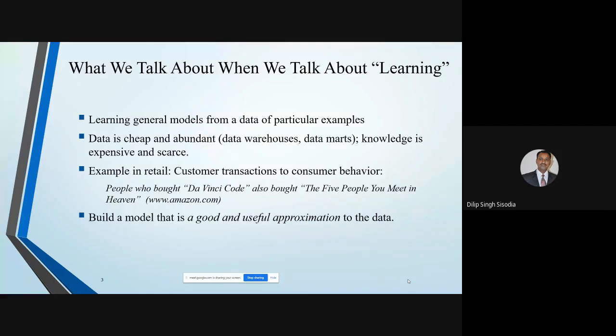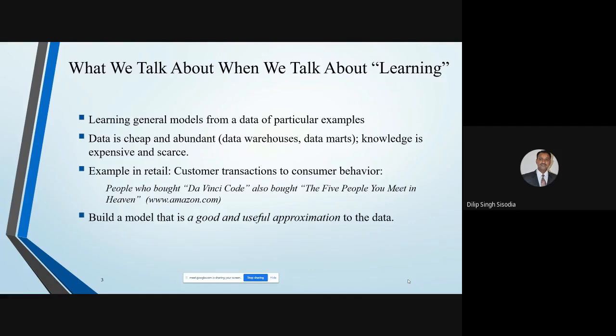So out of these huge data warehouses, data marts, or big data, it is important to extract useful information or knowledge. Data is cheap and abundant, and just because of the availability of data, machine learning models are gaining popularity.